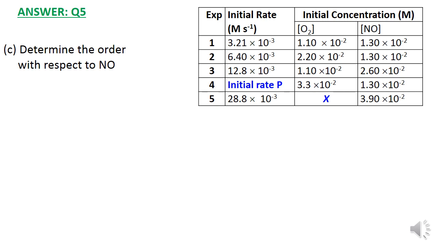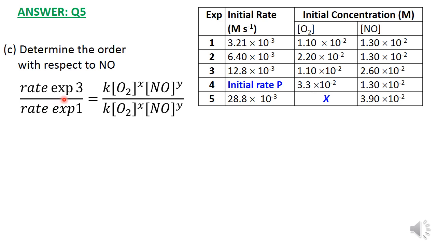To find the order with respect to NO, we find the data in which oxygen will be cancelled, like here, experiment 3 and experiment 1. The concentration of O2 is the same. The concentration of NO will not be cancelled. So we divide the rate for experiment 3 by the rate of experiment 1.